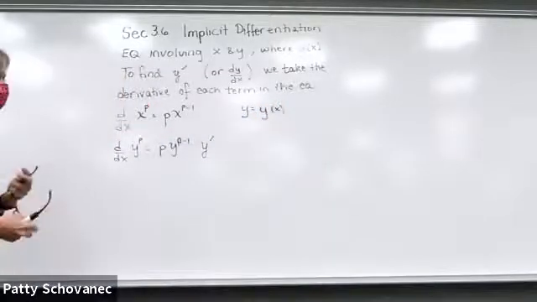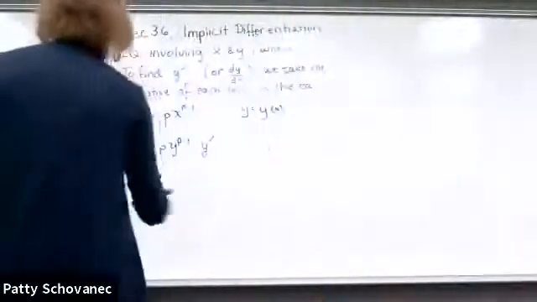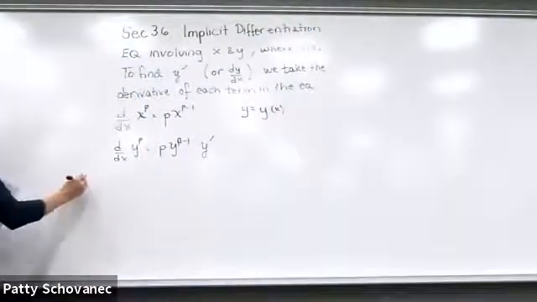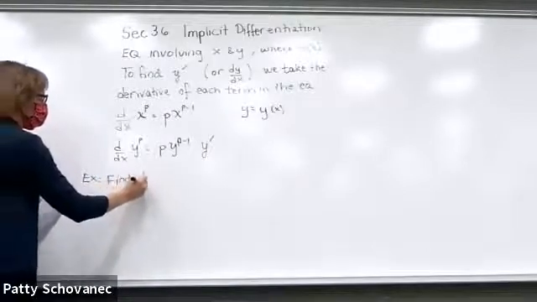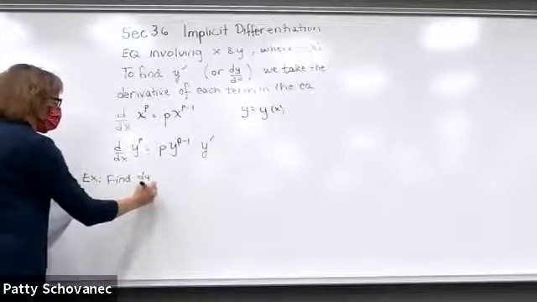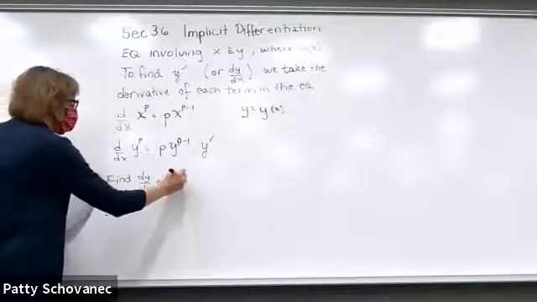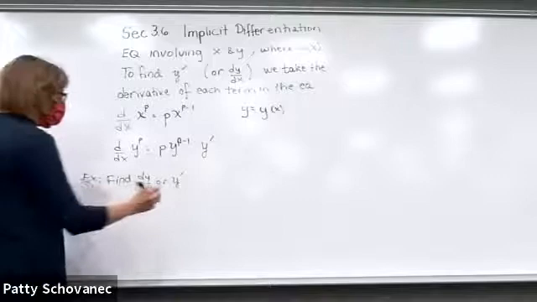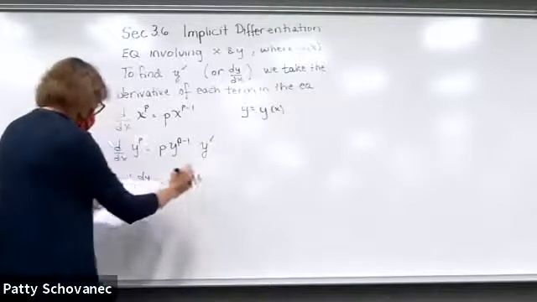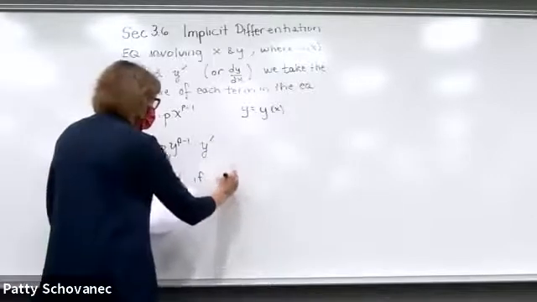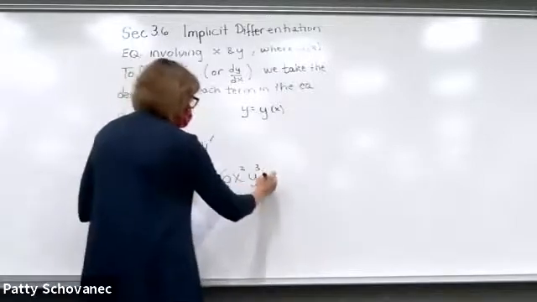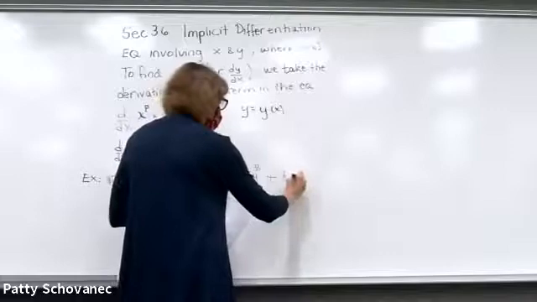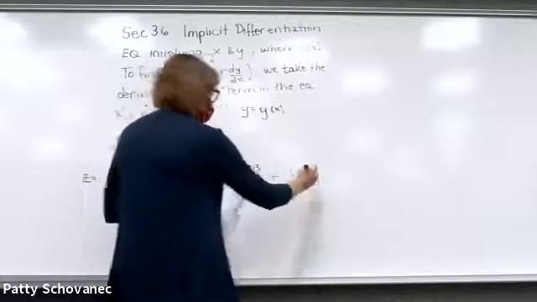So here's an example. I would like you to find dy dx or y prime, whichever notation you like the best, if the equation given is 6x squared times y cubed plus the tangent of y is equal to the sine of x.